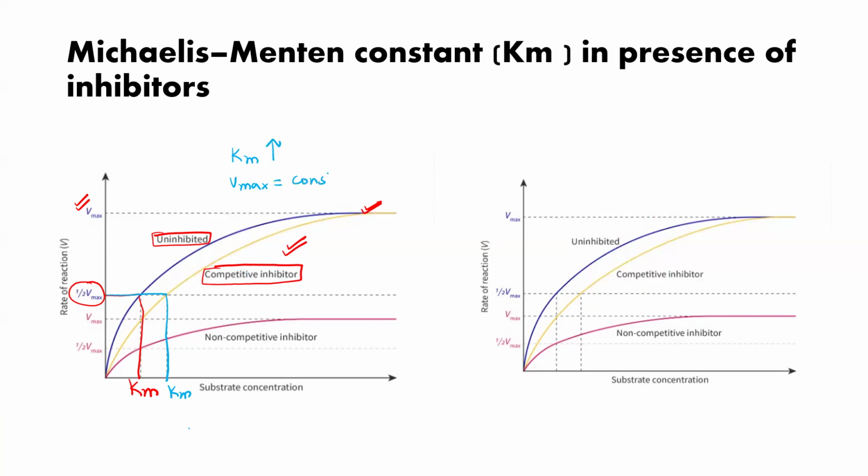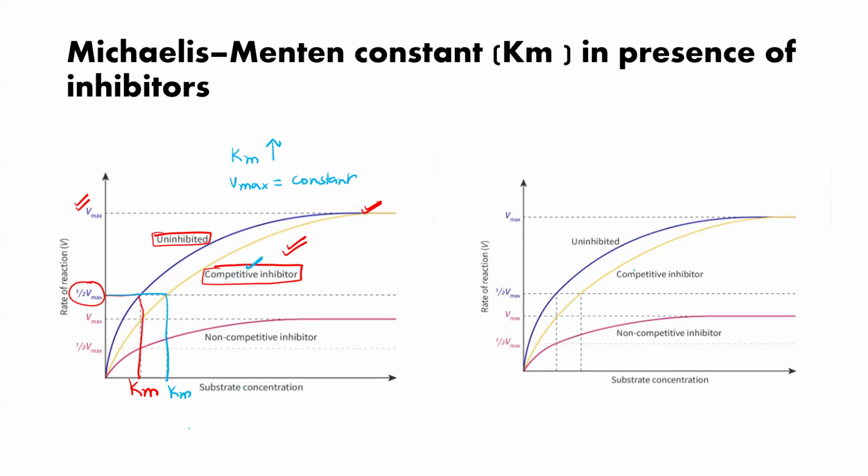It is not changing. So a competitive inhibitor can be overcome by increasing the substrate concentration. Or you can say the value of Km is high in the presence of the inhibitor. It tells us that the affinity of the enzyme for the substrate has decreased because of the presence of the inhibitor. Understood, beta? This diagram is clear.